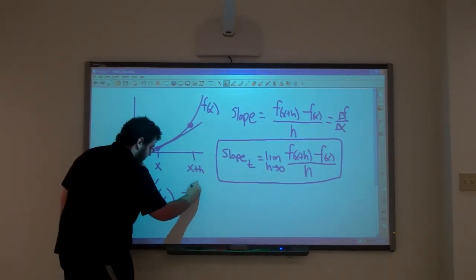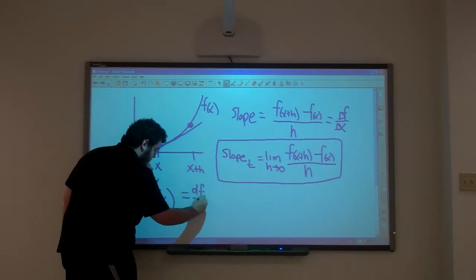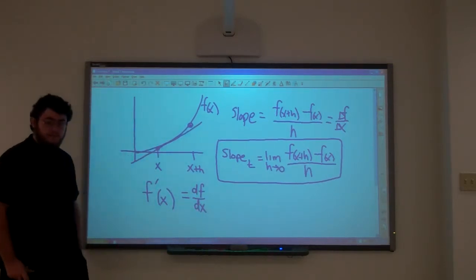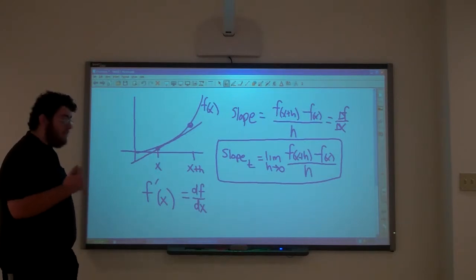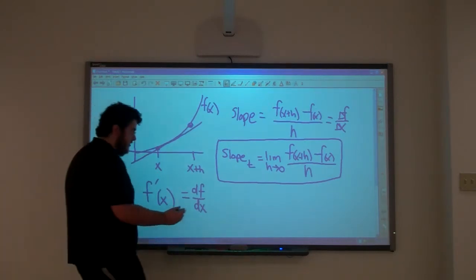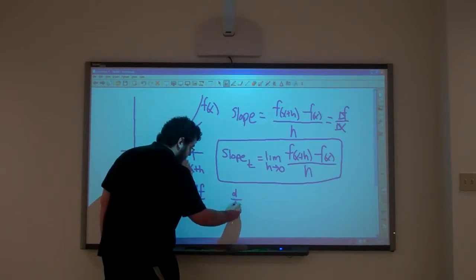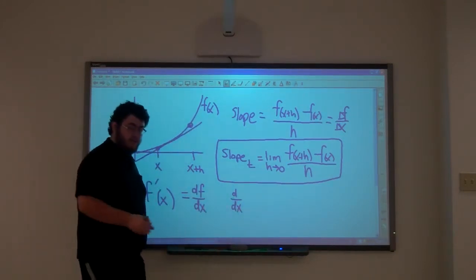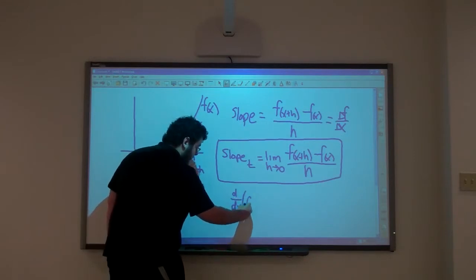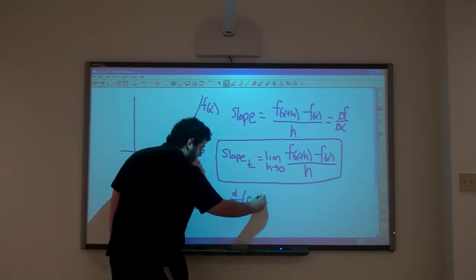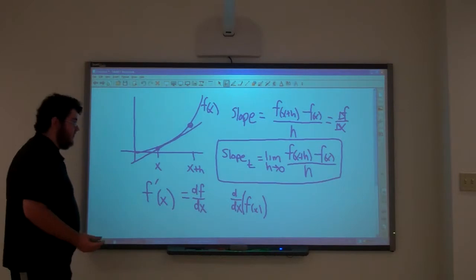So we can write the derivative of f just like that. Okay? When we want to find the derivative of f of x, this object means take the derivative of whatever's here. So let's do an example of this to see what this means.